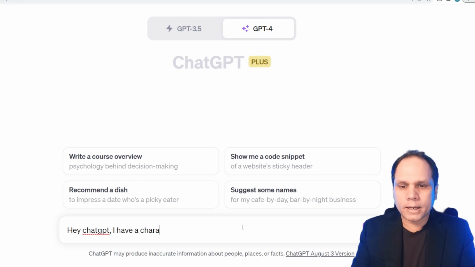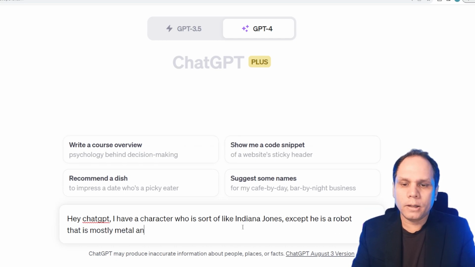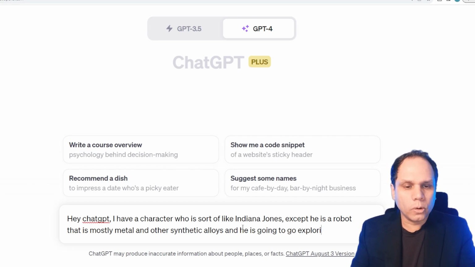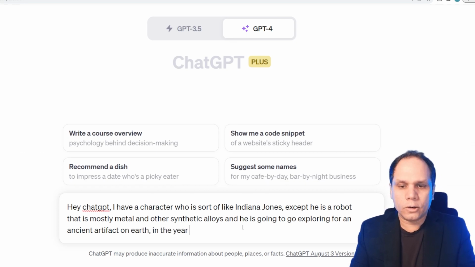I have a character who is sort of like Indiana Jones, except he is a robot that is mostly metal and other synthetic alloys. And he is going to go exploring for an ancient artifact on Earth in the year, let's just say, 2600.